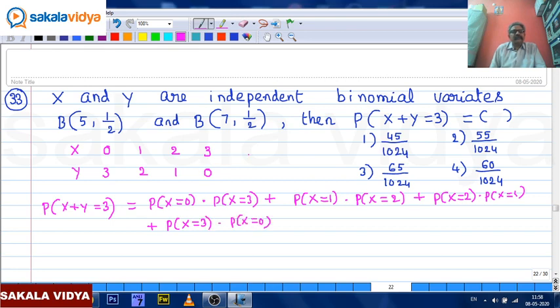That means in the first binomial variate x, n is 5, p and q are also half.